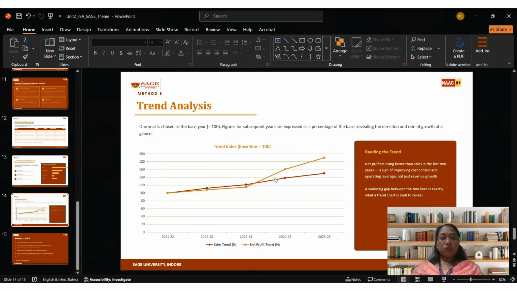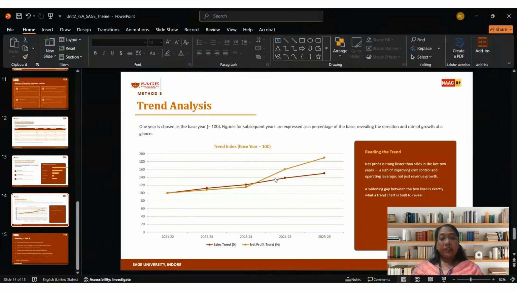It grew from 10 lakh to 12 and a half lakh rupees, an increase of 2.5 lakh rupees or 25%. Now compare that with net profit, which grew from 2 lakh to 3 lakh 35,000 rupees, an increase of nearly 6%.